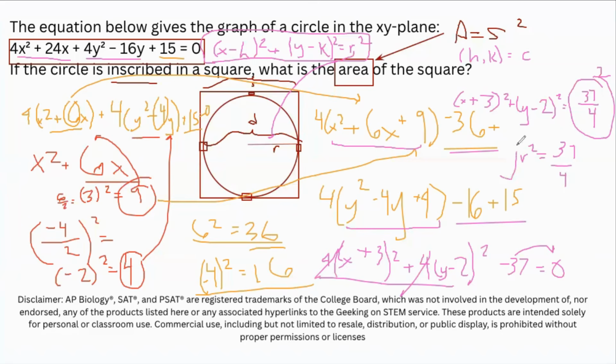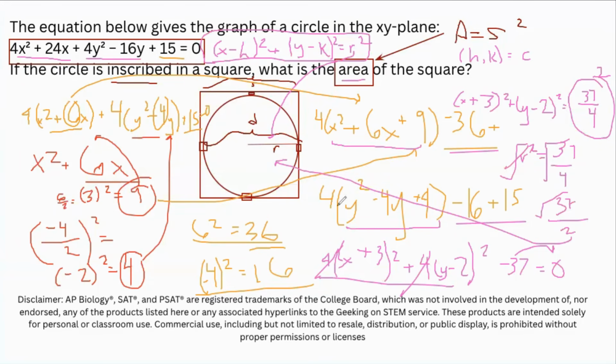So we have to take the square root of both of these, giving us the final radius. So that's square root of 37 divided by 2. Because I want to understand that this is my radius and I need to find the area of this square, which requires me to have the full length of the side.